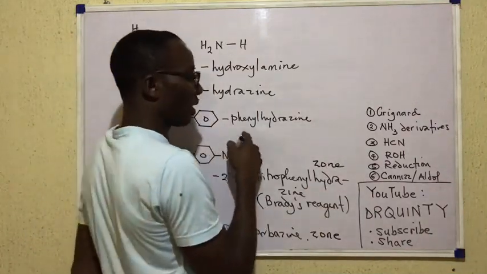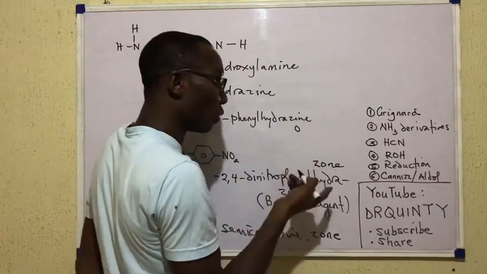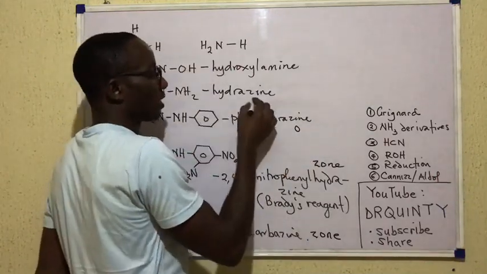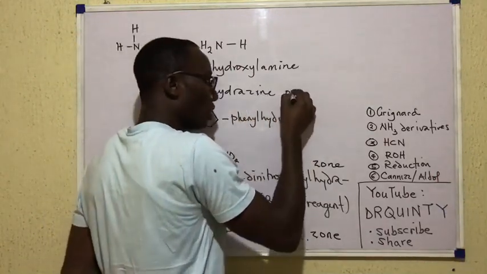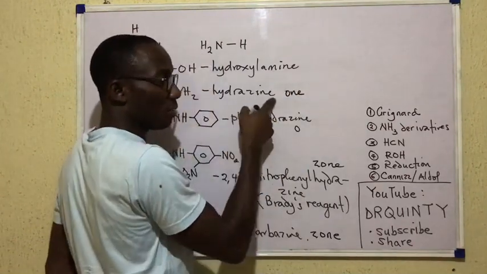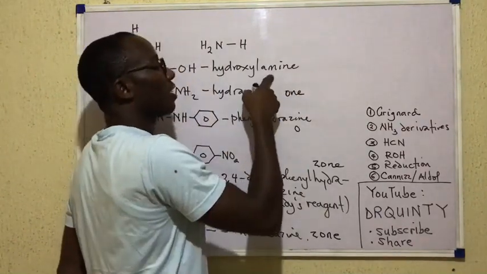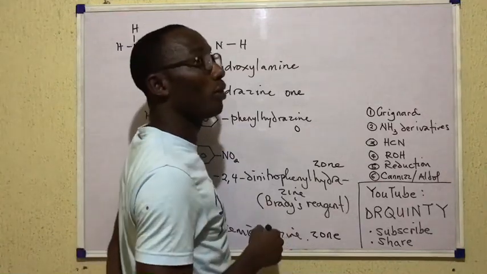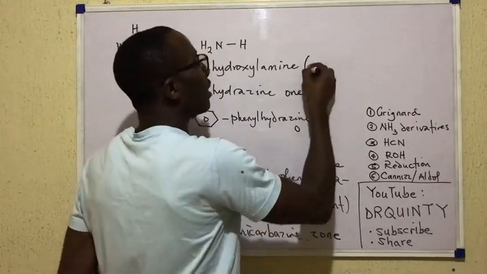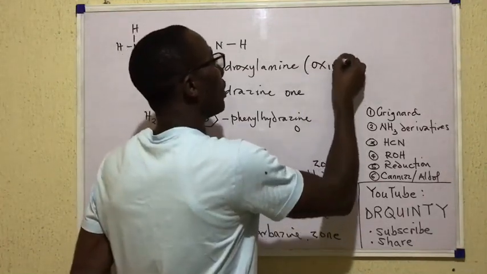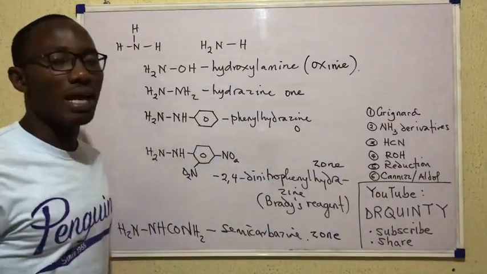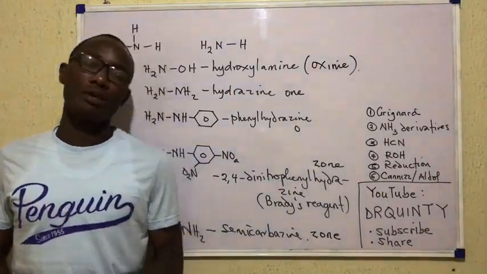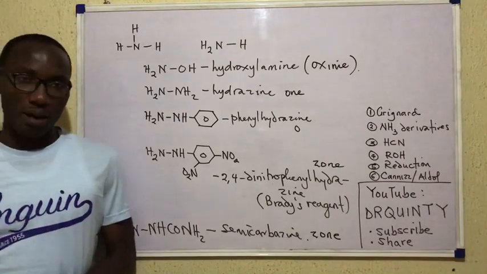In this case, we get phenylhydrazone. In this case, we get hydrazone, just the O-N-E. I-N-E becomes O-N-E. But in this case, we don't get hydroxylamone. Instead, we get a group of compounds we call the oximes. So oximes are produced when carbonyls react with hydroxylamine.